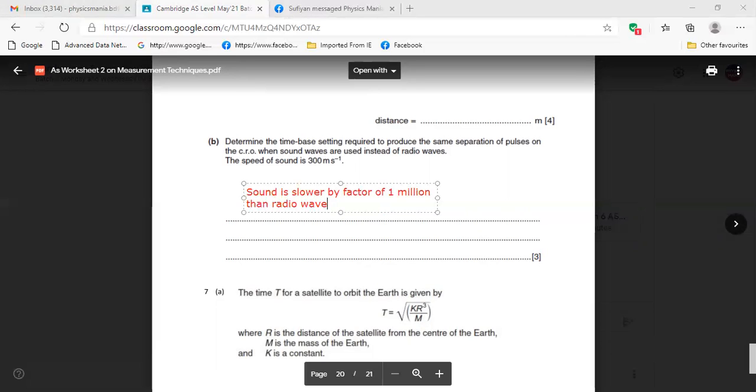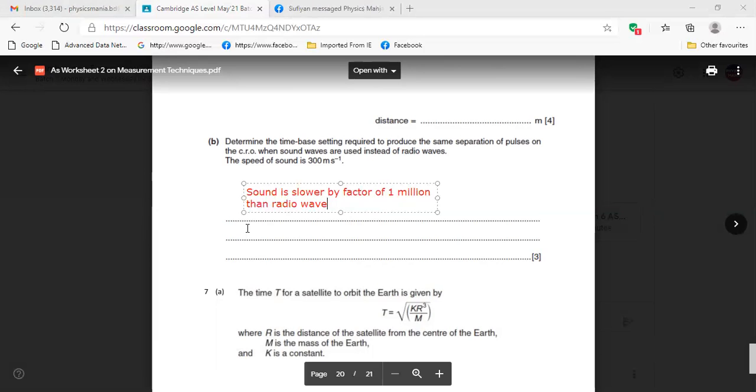Yes, sir. But for sound, it's taking more time. That's why the time-base setting will be greater in sound wave. How much greater? 1 million times greater. So 1 million and 1 million cut. It comes now 0.2 second per centimeter.